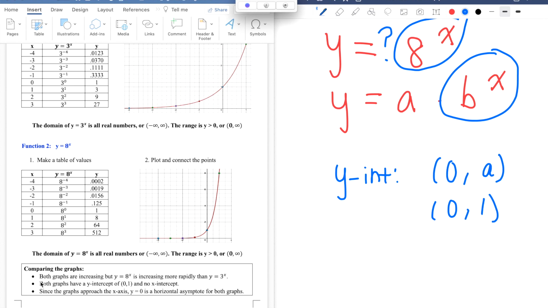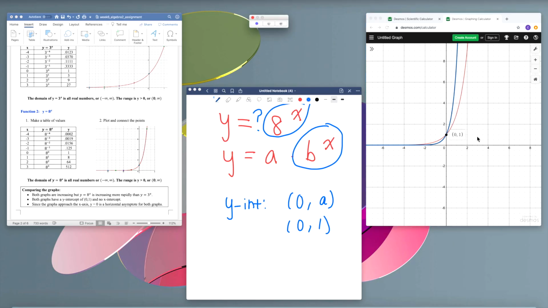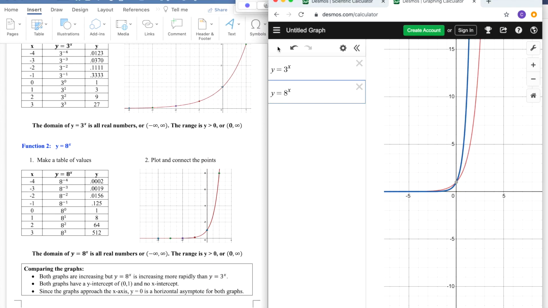What we're trying to do is compare the two. So here we have 3 points. Both graphs are increasing, but y equals 8 to the power of x is increasing more rapidly than y equals 3 to the power of x. You can see that using the decimals. So the blue is increasing more rapidly than the red. Second point, both graphs have a y-intercept of (0, 1), which was true, and no x-intercept.